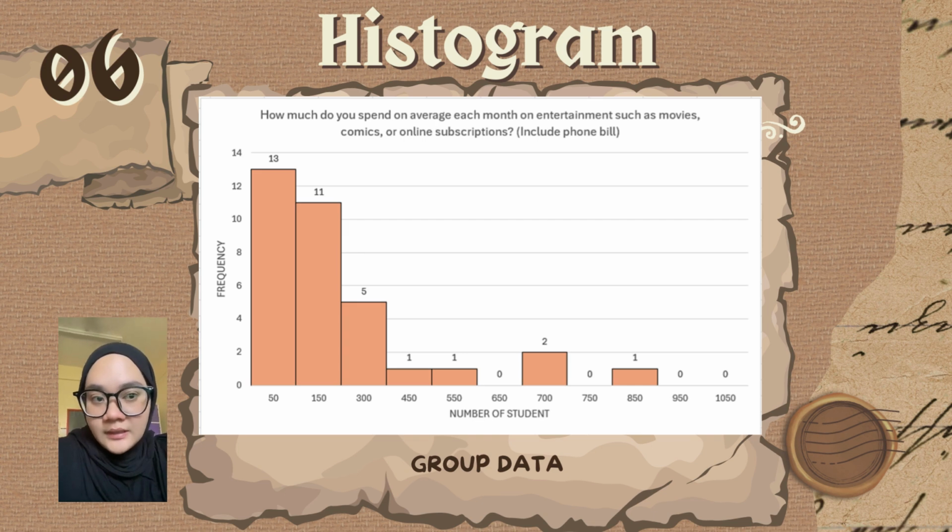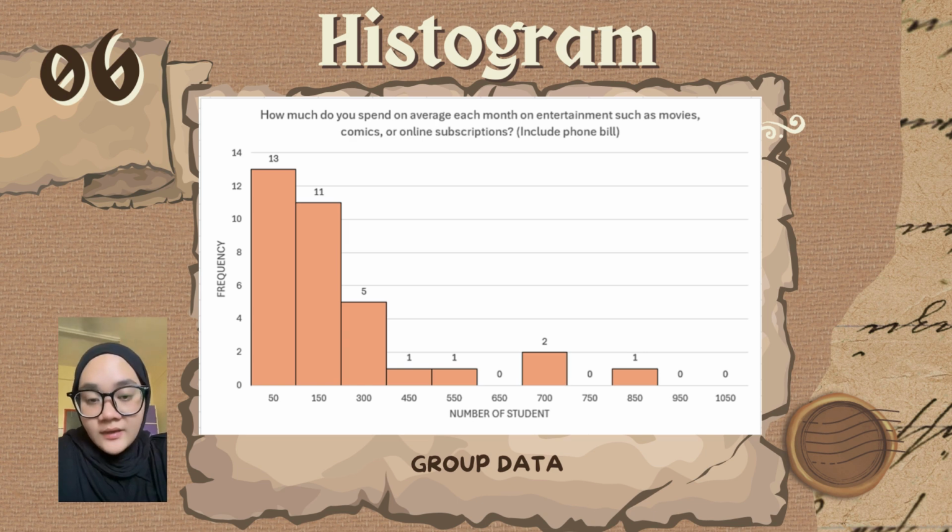Based on the histogram, here is what I can explain. The first is title and research question. The histogram shows the monthly spending of students on entertainment, including movies, comics, online subscriptions, and phone bills. The second is spending range class intervals.